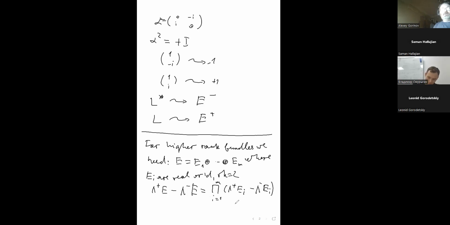Now I want this identity. Now, what does this identity say? Well, first of all, where does this identity live? Well, it lives in the K ring of X, where X is the base of all the bundles.